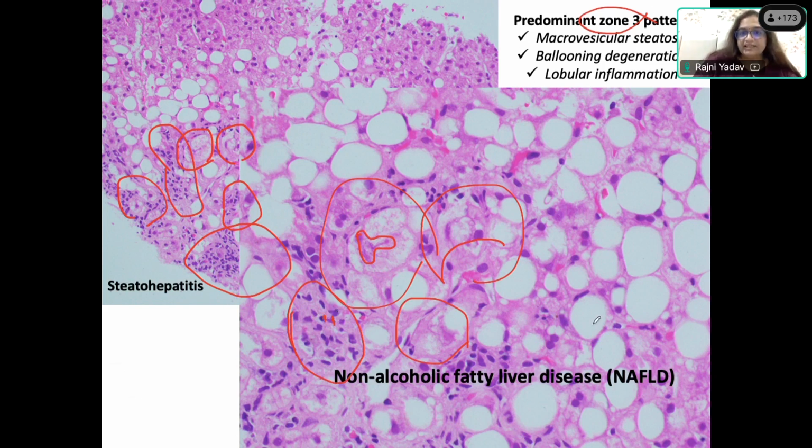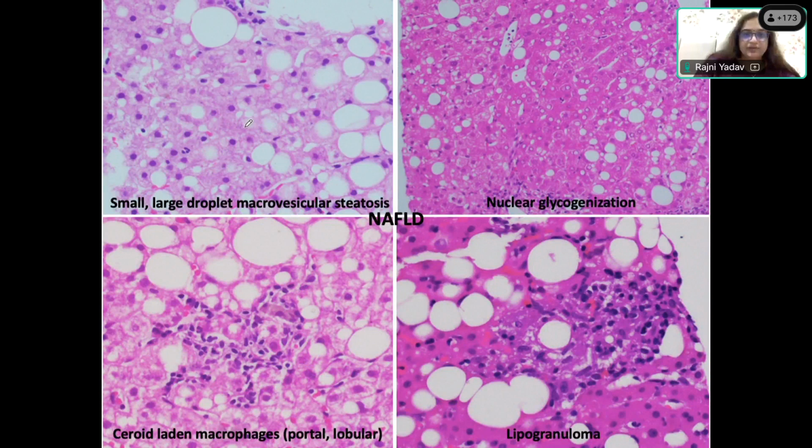So this is the classical picture of non-alcoholic fatty liver disease. What else can you see? You can have this large droplet, you can have small droplet fat. Then you can have these glycogenated nuclei, the clear nuclei. These are seen with metabolic syndrome, with diabetes, with non-alcoholic fatty liver disease.